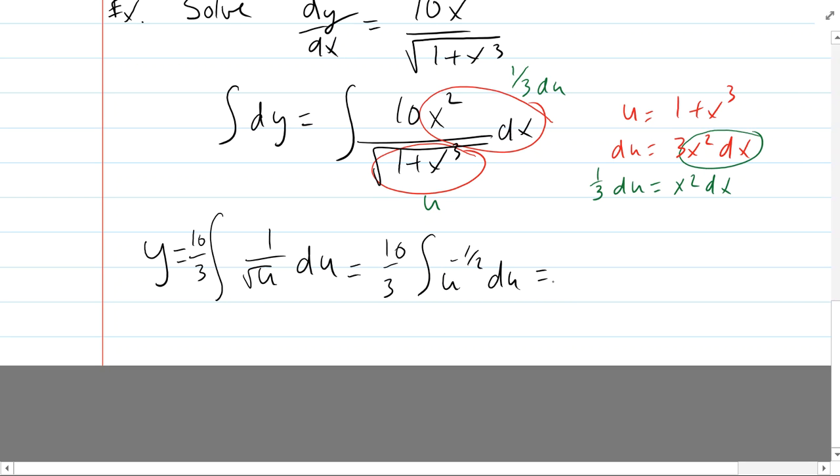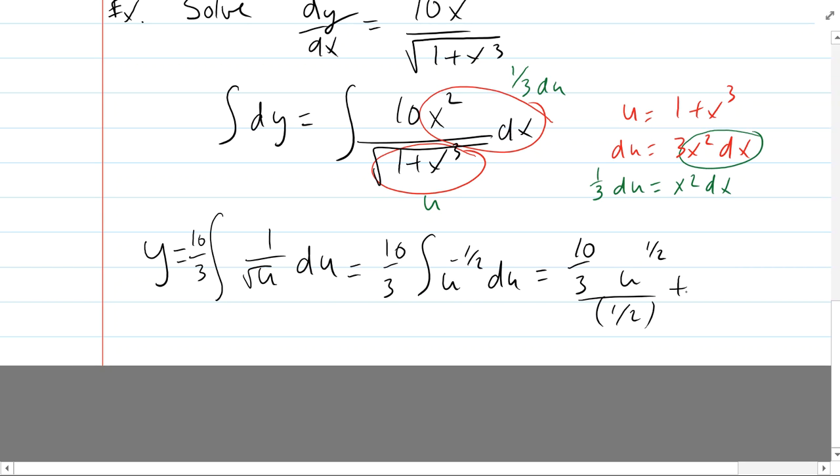How do I do an antiderivative of a power? No, that's derivatives. Add 1 and then divide by the new power. So what's 1 plus a negative 1/2? So it's u to the 1/2, and what is my new power that I'm dividing by? 1/2. Dividing by half is the same as multiplying by what? 2.